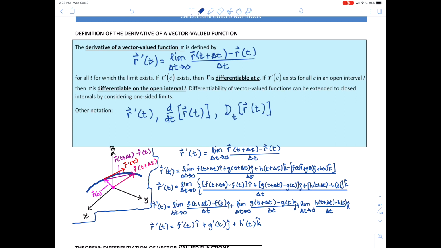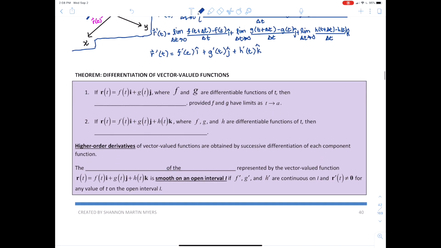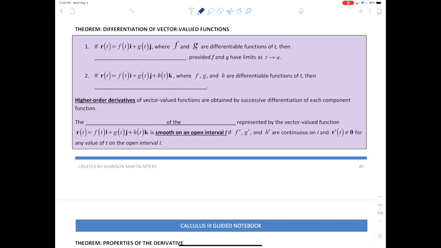So now let's go ahead and take a look at this theorem here: differentiation of vector-valued functions. If r at t is equal to f at t times i plus g at t times j, where f and g are differentiable functions of t, then it turns out that r prime at t is equal to f prime at t times i plus g prime at t times j.